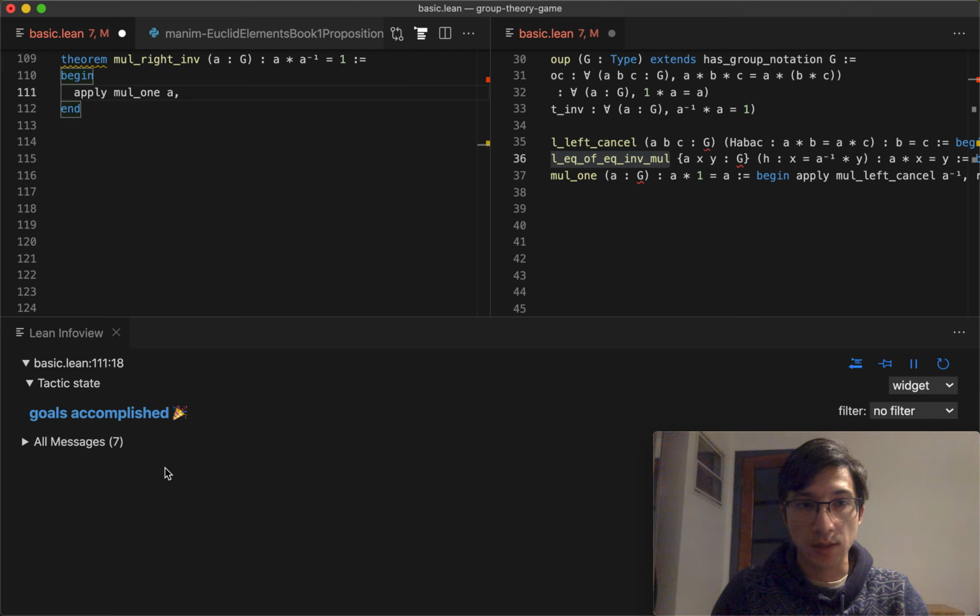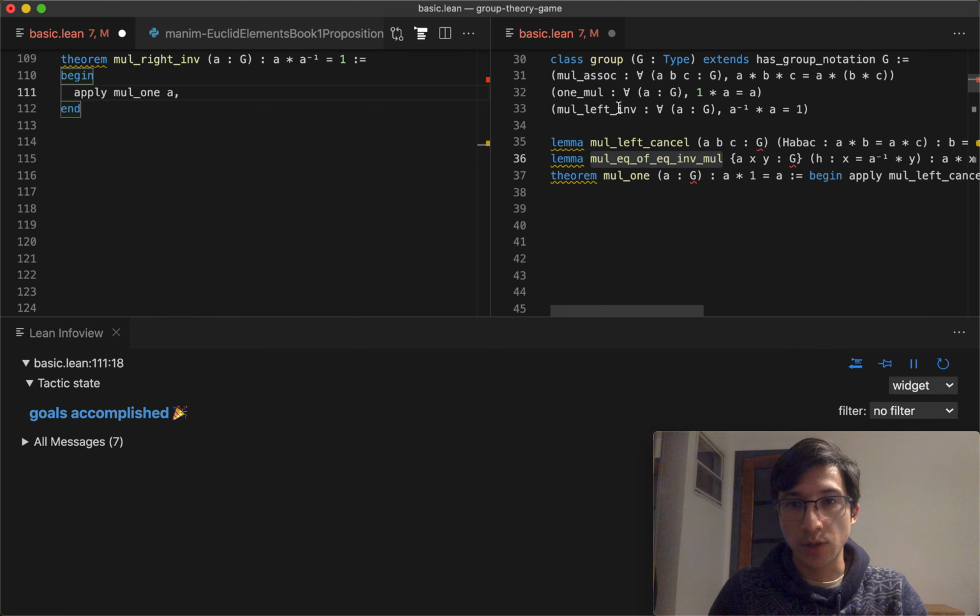And again, Lean was able to understand right away that with the 1, we could do a mul_left_inverse, get our A times A inverse times A multiplying another A inverse, and we see that all of those cancel to give 1 equals 1, and by reflexivity that is valid, and so the goals are accomplished.